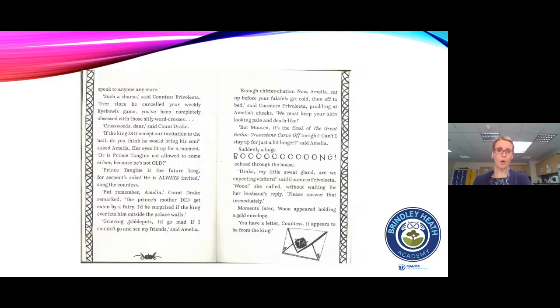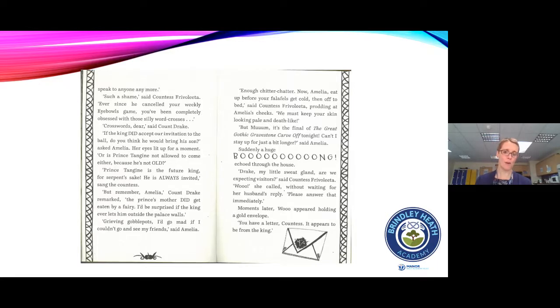He won't see or speak to anyone anymore." "Such a shame," said Countess Frivolita. "Ever since he cancelled your weekly eyeballs game, you've been completely obsessed with those silly word crosses." "Crosswords, dear," said Count Drake. "If the king did accept our invitation to the ball, do you think he would bring his son?" asked Amelia. Her eyes lit up for a moment. "Or is Prince Tangine not allowed to come either, because he's not old?" "Prince Tangine is the future king for serpent's sake.